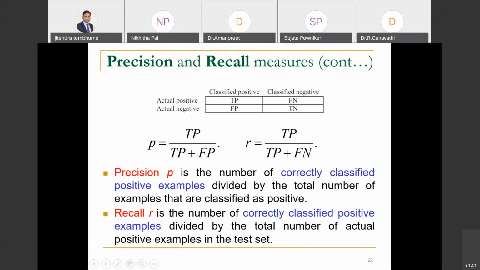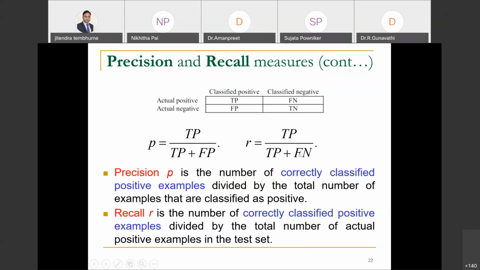And recall is a measure of the number of correctly classified positive examples divided by the total number of actual positive examples in the test. So you have to add the true positives and false negatives, and you will get the recall. Now in this case, what do we want?